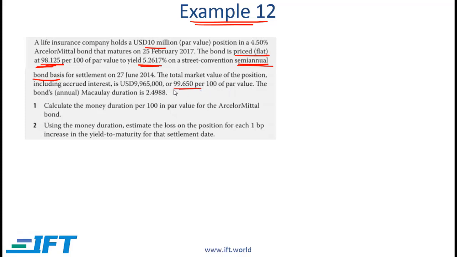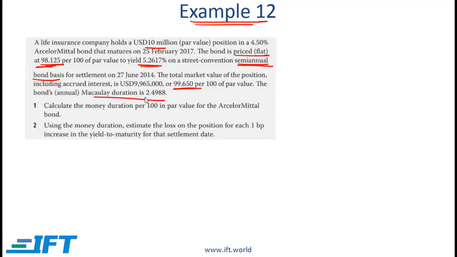The full price is 99.65. The question is giving you more information than you need, and what is being tested is your ability to pick out the correct information, or the information that is needed to solve the problem.